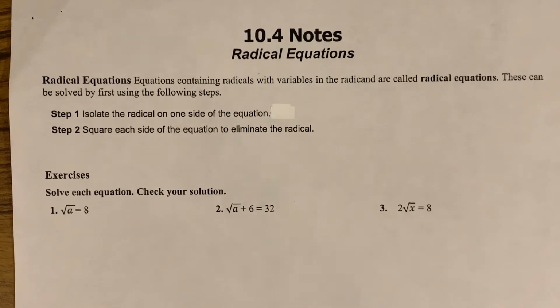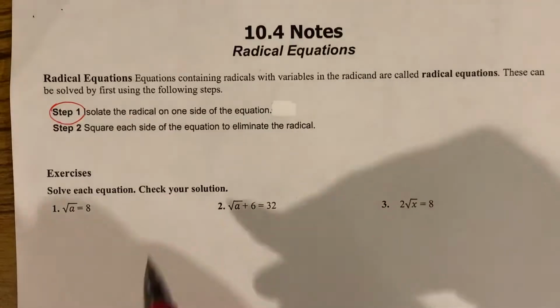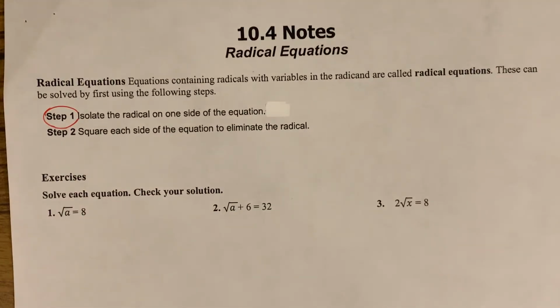We are doing radical equations. Radical equations are any equation where you've got a square root symbol in the equation. And the good news is, just like any other equation, you're just doing the opposite operation. The only tricky part is step one: you have to isolate the radical on one side of the equation.